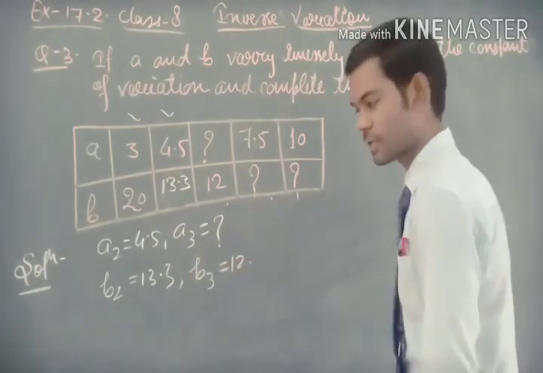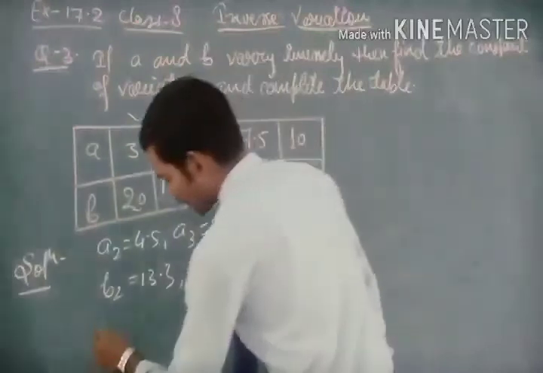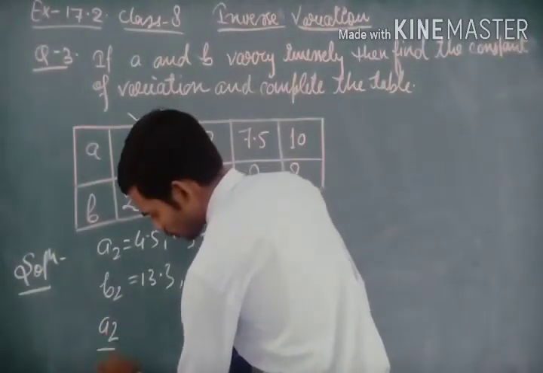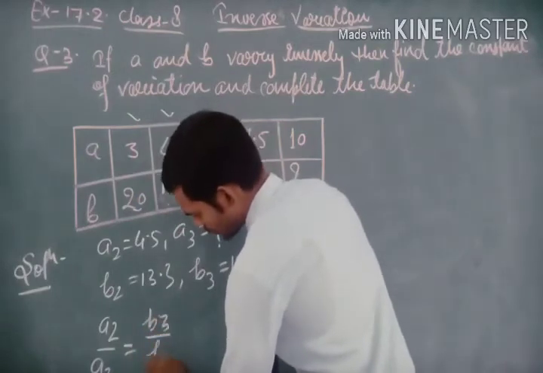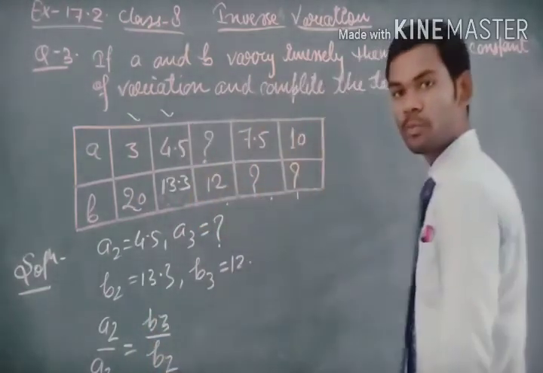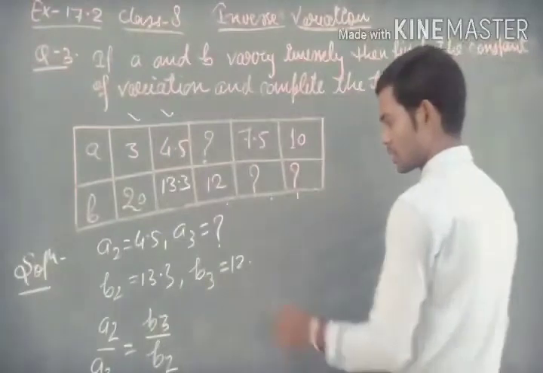Okay, now just write the formula. The formula is A2 upon A3 is equal to B3 upon B2. Now put the values in this formula.